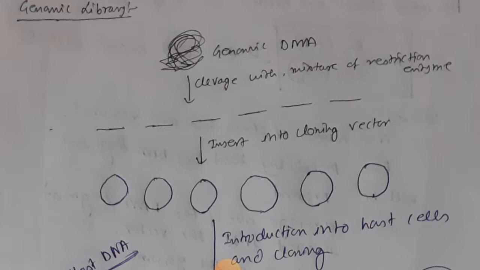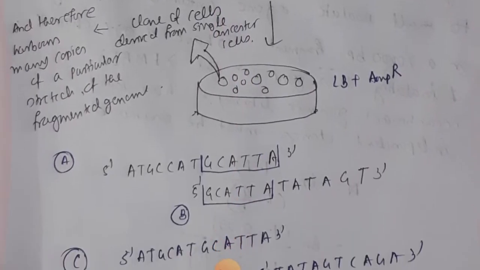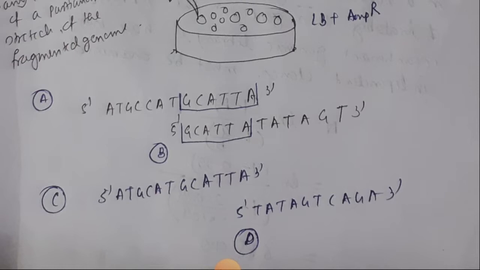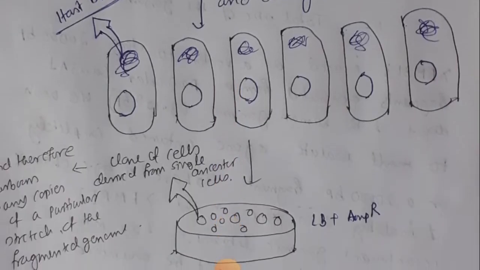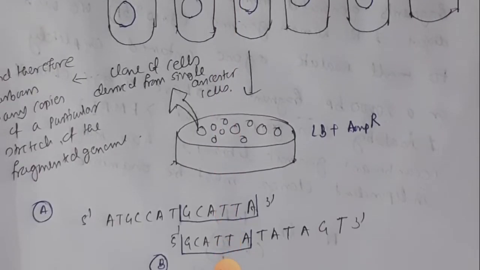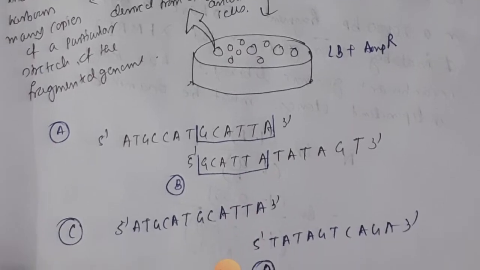Now what will be the utility of generating overlapping fragments? Let's see this. Suppose we have applied restriction digestion, we have cloned each of the fragments with the help of a particular host that I am going to explain after this, and then we have plated it in an appropriate media.